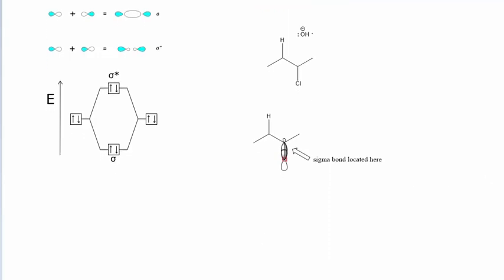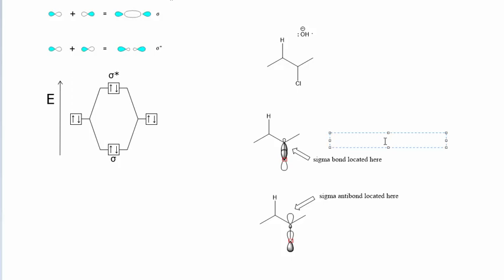Remember, whenever there is a sigma bonding orbital, there also exists a sigma antibonding orbital. Again, it's the sp3 hybridized carbon, and over here, this chlorine is using its p orbital. Here they are out of phase, so what I'm saying is that you have the sigma antibonding orbital located over here.